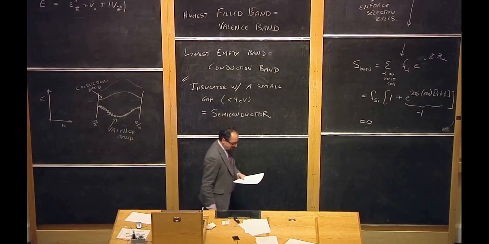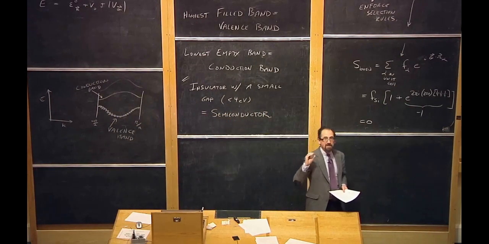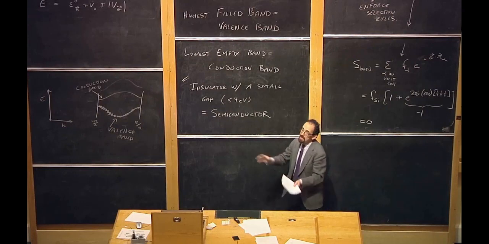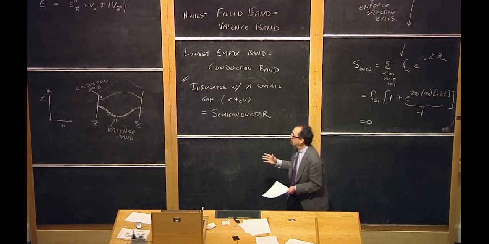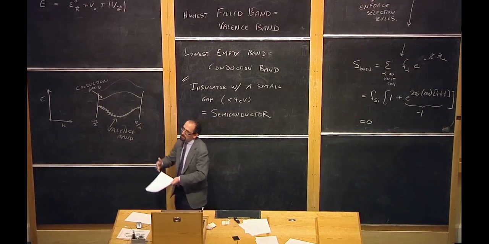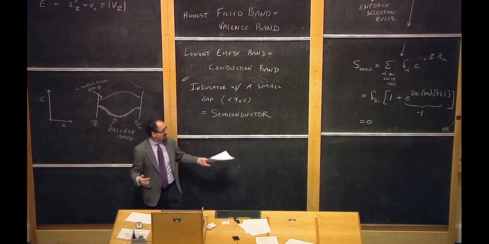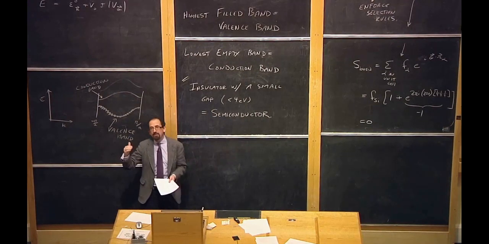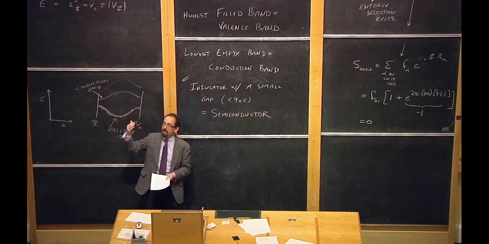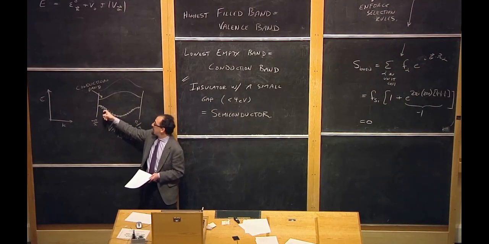The reason for this nomenclature is that if the gap is sufficiently small, then at 0 temperature, this would still be a really good insulator. But at room temperature, 300 Kelvin, if the gap is less than about 4 electron volts, then a few electrons will still be able to get thermally excited from the filled band into the empty band.